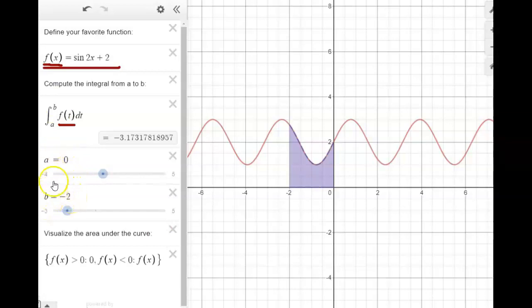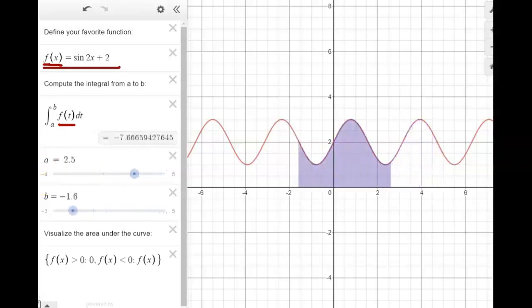Well, if a and b start changing, then the area is going to start changing. So let's go ahead and start changing my upper limit here first, -2. As you guys can see, as b changes, the area changes. So we can also let a start to change.